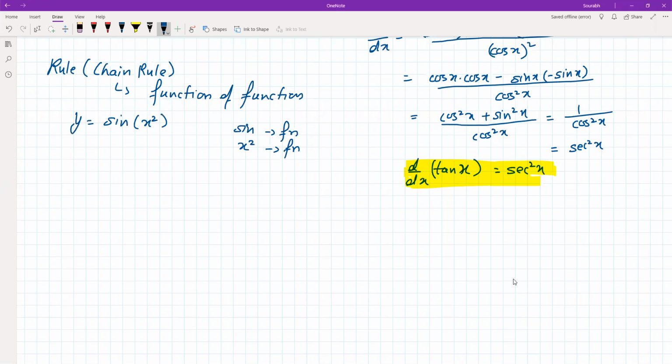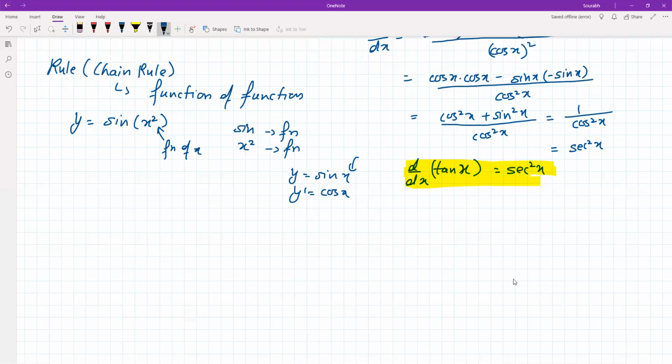We know that if y is equals to sine x, y dash will be equals to cos x, but it is not x here, it is actually x square. So whatever is inside that is also a function of x. So such cases are called functions of function. In that case, we apply the chain rule.